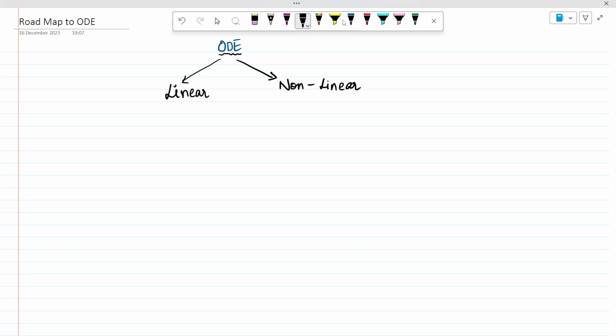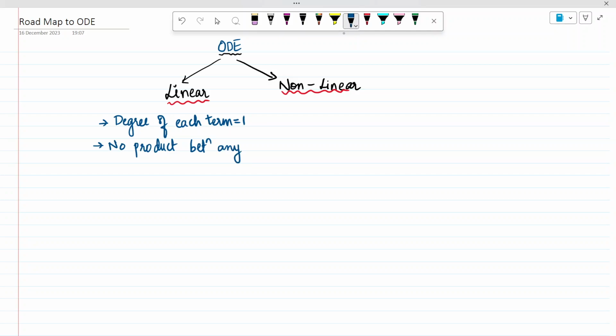So when we speak about linear, we say that differential equations are linear if the degree of each term is 1 and there is no product between any derivative and the dependent variable.